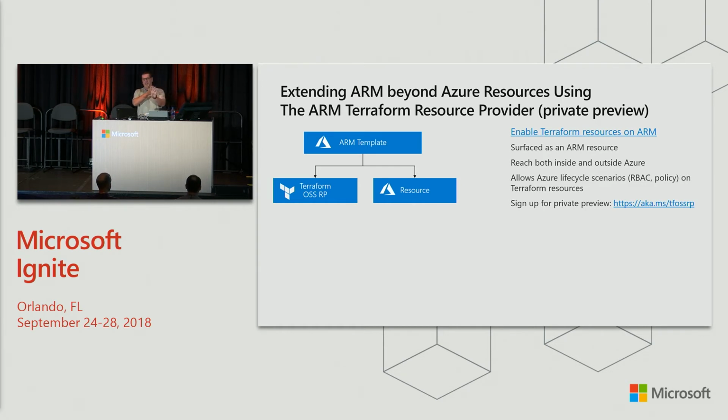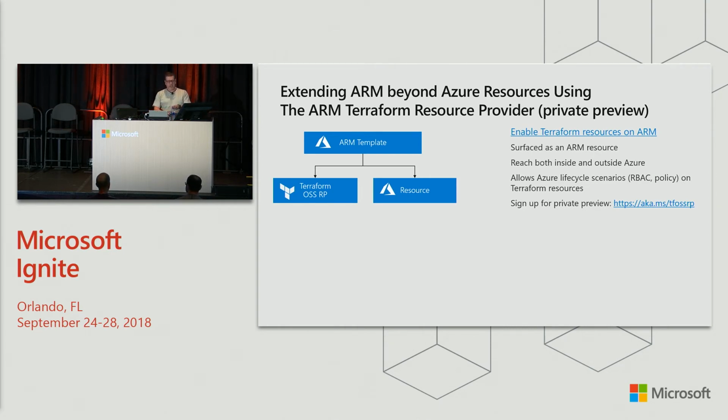You're still doing a put on a resource provider. It's still a JSON formatted thing, and we'll do the translation from JSON into, well, actually don't translate into HCL, but you can think of it conceptually as translated into HCL and invoke Terraform to deploy the resource.